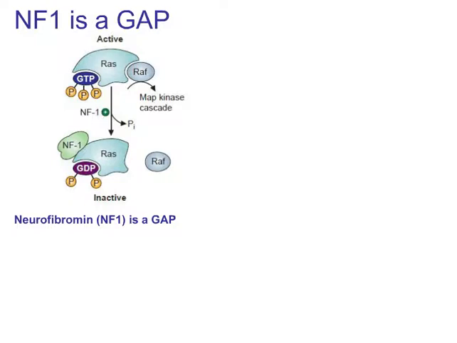Neurofibromin, or NF1, is one member of the GTPase activating proteins which function to promote the GTPase activity of Ras to inactivate Ras signaling. Loss of function mutations in the NF1 gene lead to neurofibromatosis. The NF1 protein has a deficiency in GAP function.